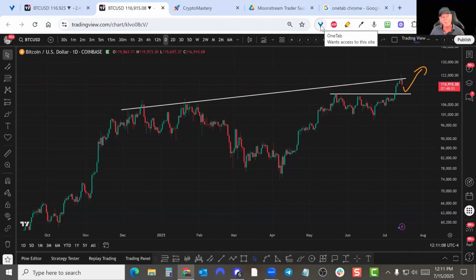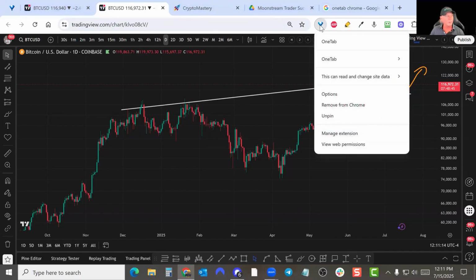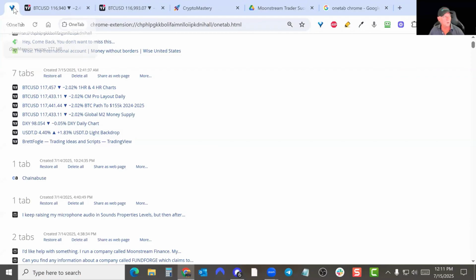So this thing right here says One Tab. If I click on that, all of these tabs will go away. If I want to reopen them, you see over on the left here, if I want to open all of my trading tabs, my 1 hour, 4 hour, my daily, my different studies, I can just hit restore all, and they'll all open up again.